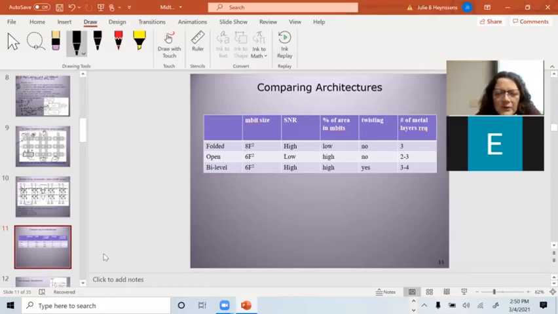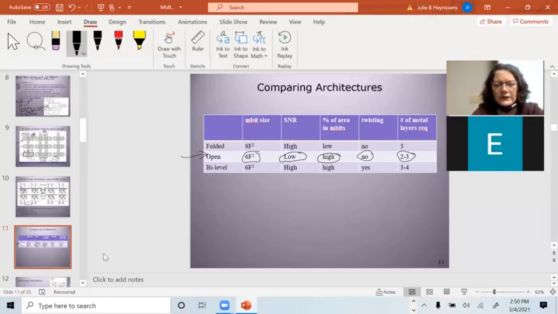This open architecture was the first one they devised. It helps you learn how to compare arrays and different architectures. It has a small bit size, but a really low signal to noise ratio, which is a bad thing. High area per bit, you can't twist, and you only need 2 to 3 metal layers.